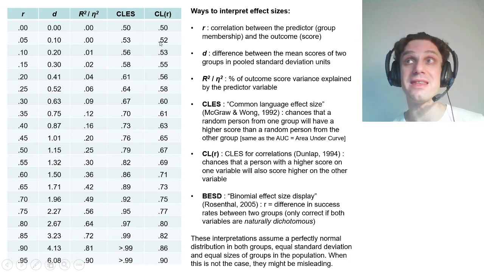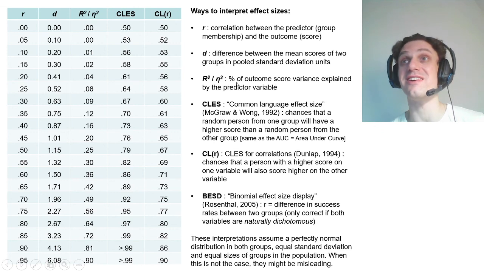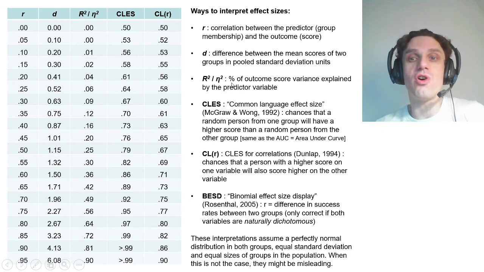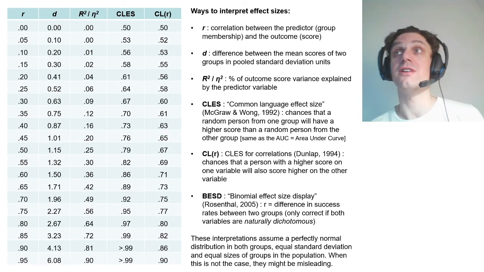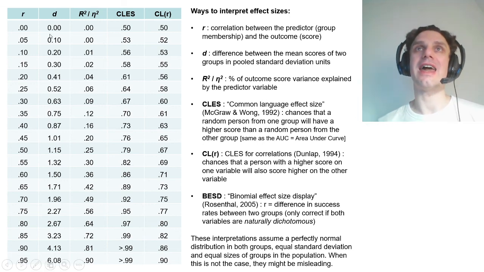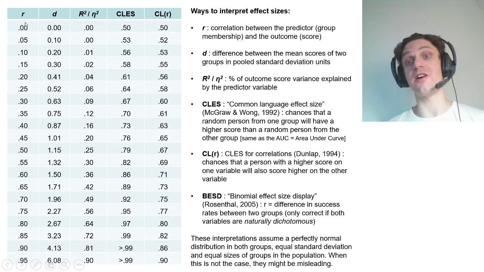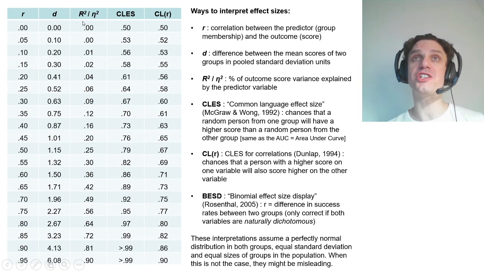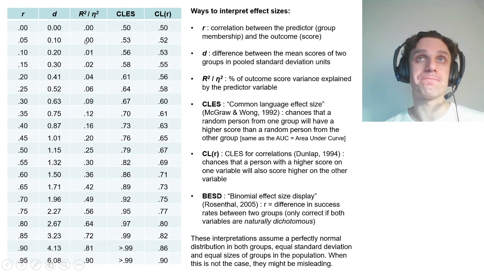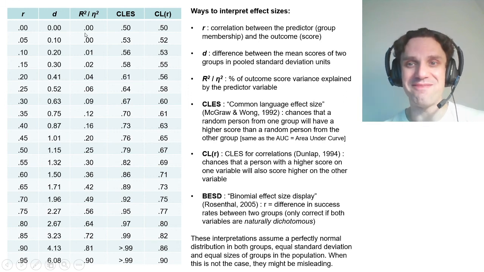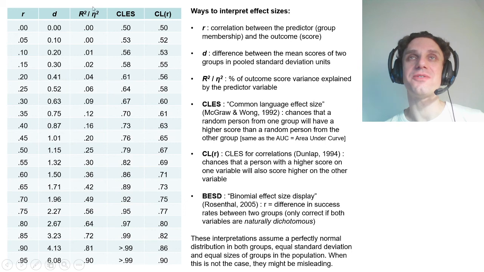It's the percentage of the variance of one variable explained by the other variable, or the proportion of common variance of two variables. And R squared is basically the square of r, of the correlation coefficient. So it's also called the coefficient of determination, R squared.